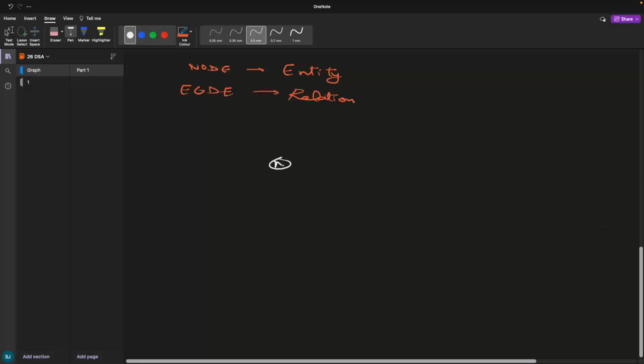Like there is A, B, C. Here, there's no direction to it. So this is, in one sense, bidirectional.